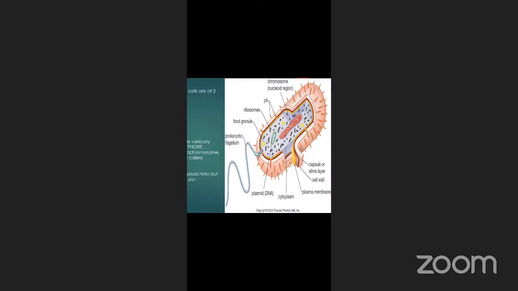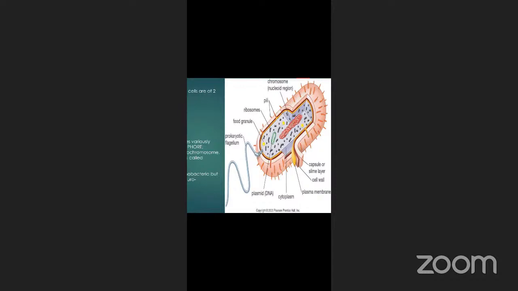Apart from that, it also has a cell wall, which is present in some eukaryotes like plants too. Outside the cell wall, some bacteria have a capsule or slime layer. Then there are extra appendages like pili, granules and flagellum.